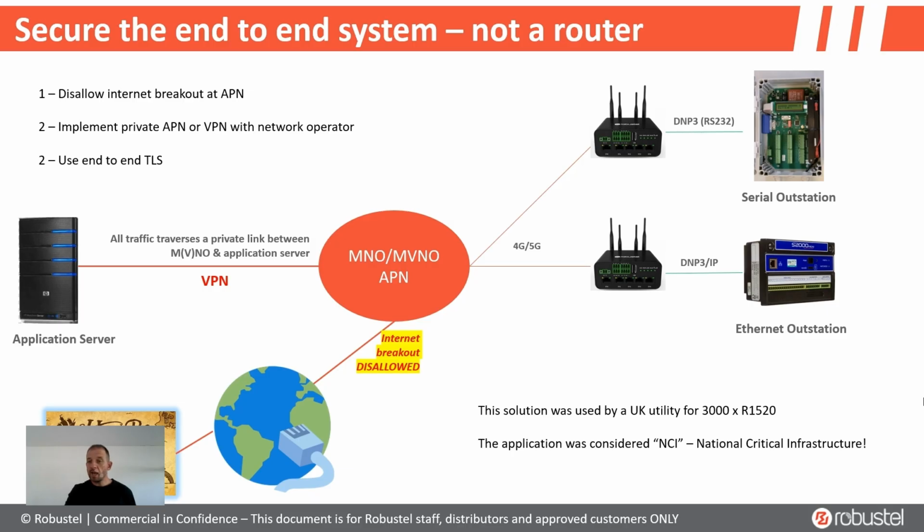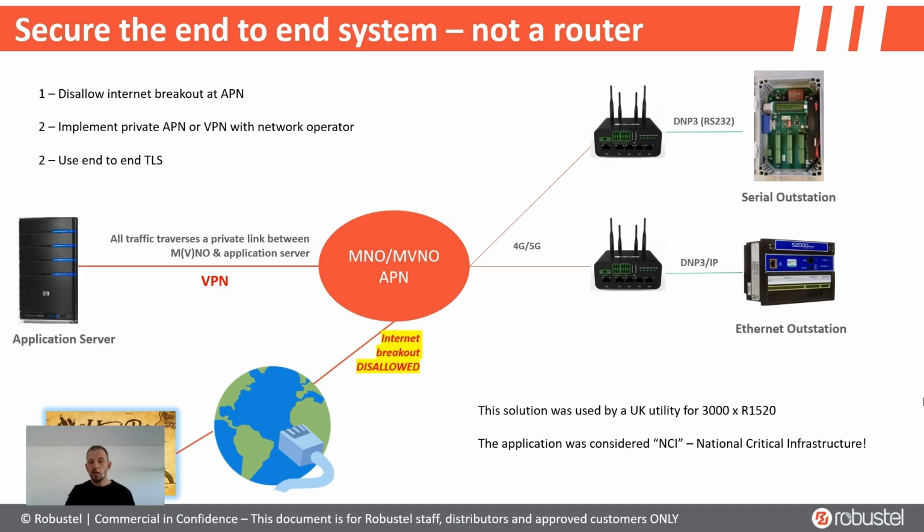You disallow any communication to the internet, and you use TLS end-to-end from the application server to the end device. So the integrity of what's been transmitted is checked. And that's a pretty good security posture as a very simple starter for 10.